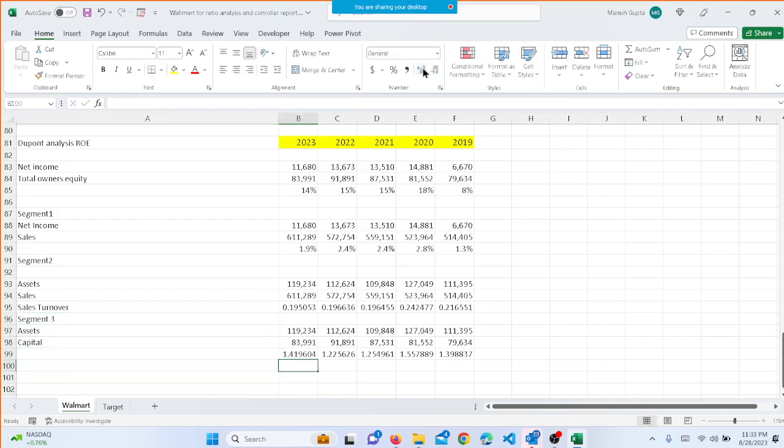Now we can multiply all the segments, 1% into 0.19% and into 1.4. There's something wrong.